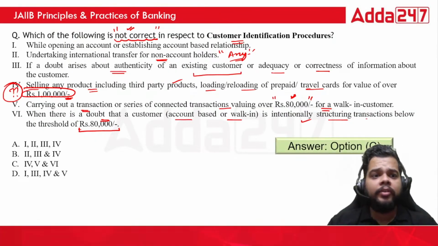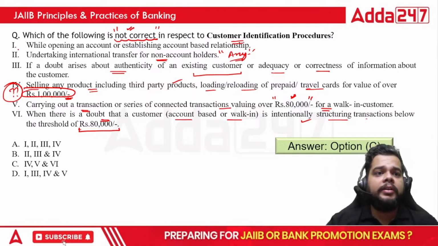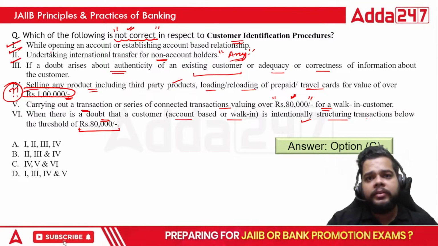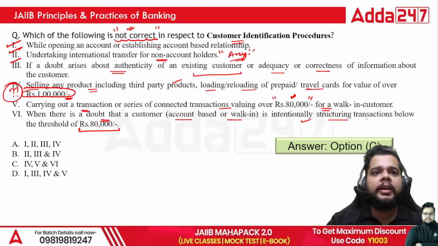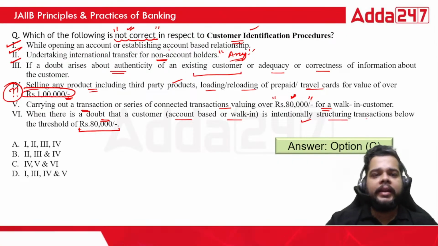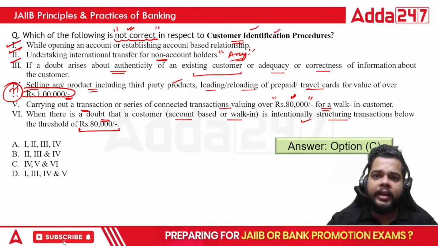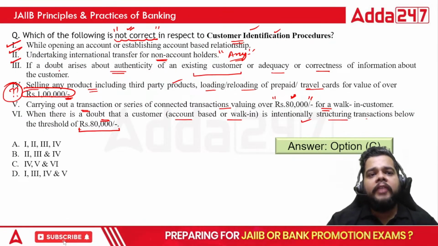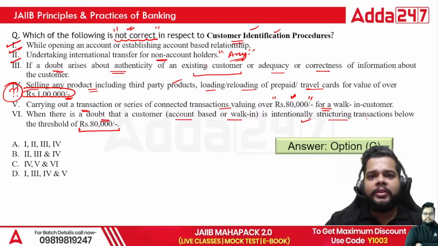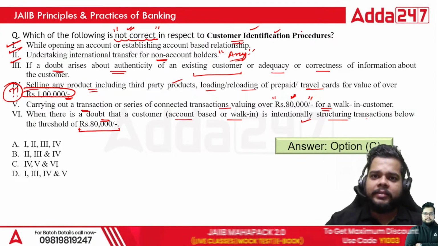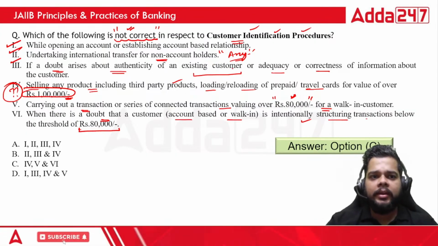The correct answer is option C, because the first three statements are absolutely correct. For opening the account or establishing an account based relationship, you must follow CIP. Undertaking an international transfer for a non-account holder, again, the CIP process is involved. If a doubt has arisen about the authenticity of the existing customer, then again, the CIP process will be undertaken.